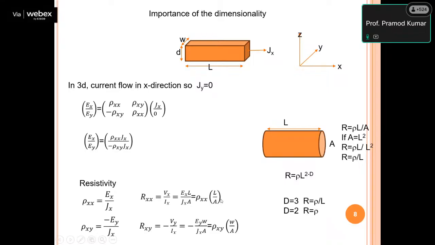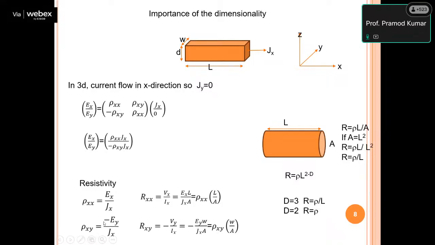So a dimensional quantity is coming here. If you see, rho xx is basically depending on the dimension. Resistance and resistivity have at least this dimensionality component. Similarly, if you look at this rho xy, basically the Hall resistivity, or you can say the resistivity which develops perpendicular to the current and the magnetic field along the y direction.